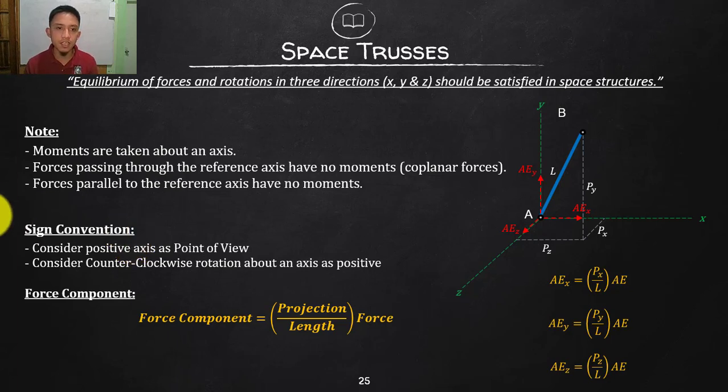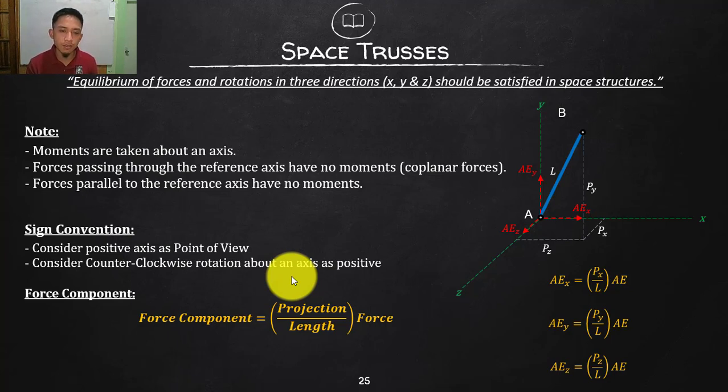So for the sake of this discussion, we will keep our point of view always at the positive axis. And then consider counterclockwise rotation about an axis as positive. This is only for our discussion, but if you want, you can consider clockwise. You might already be used to clockwise, just like what we do in 2D structures.